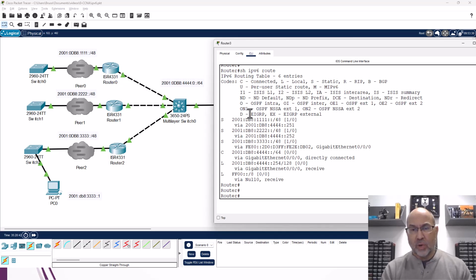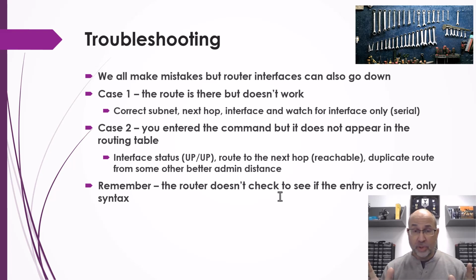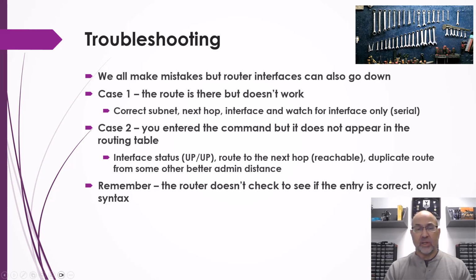So here's the 1111, the 2222, and then the 3333 net via the link local address, which requires the interface to be used. So back to troubleshooting real quick. This was an example where I had a route in the routing table, but it didn't work because I had a typo. So really, really easy to do.